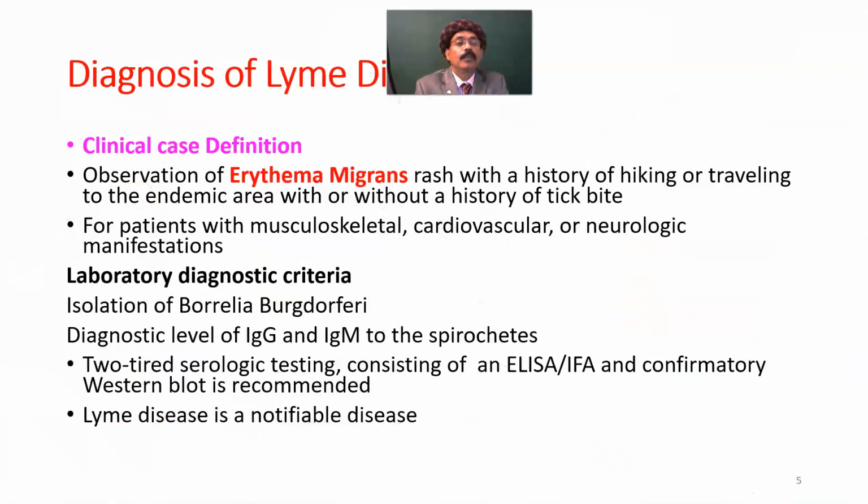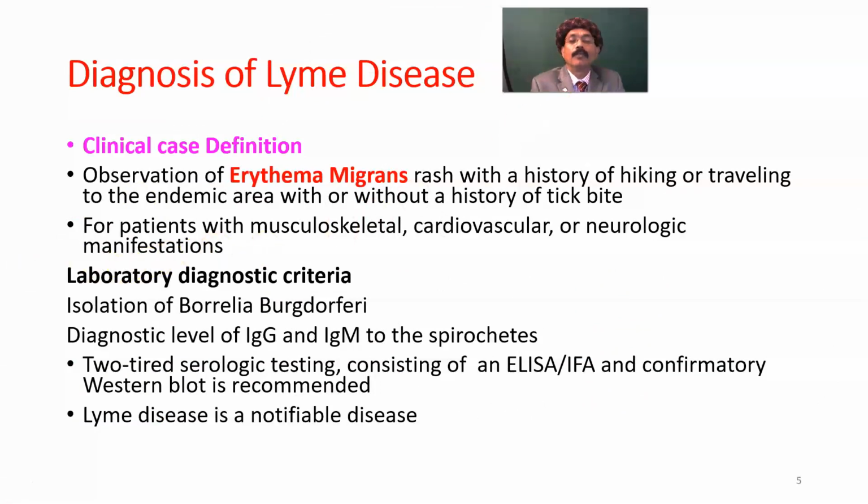We'll go to the diagnosis of Lyme disease. Clinical case definition: observation of an erythema migrans rash with a history of hiking or traveling to an endemic area, with or without a history of tick bite. The nymph stage is only 2 millimeters, so it may not be readily identified.